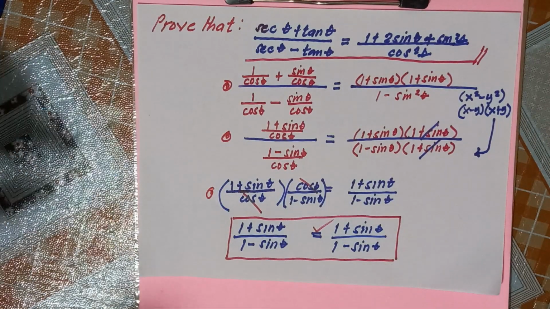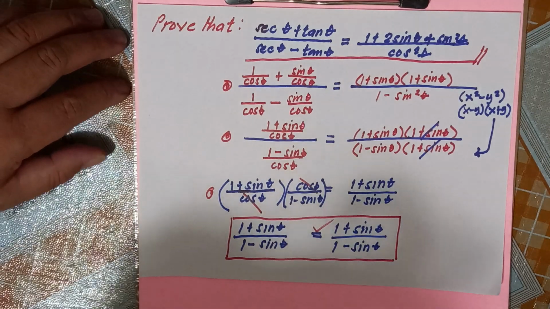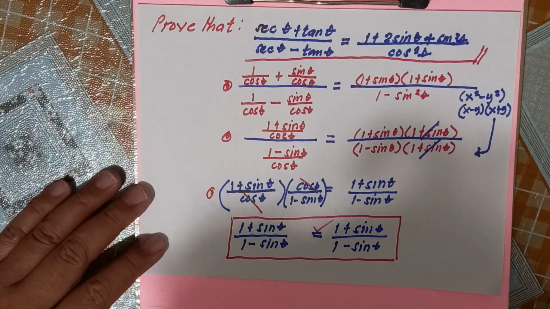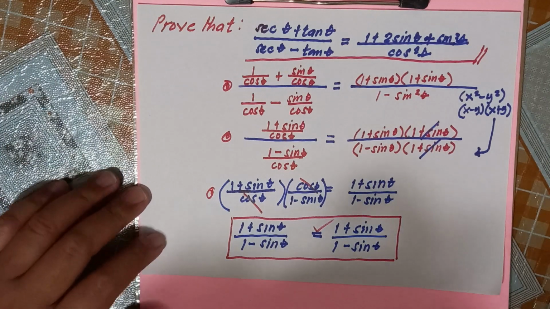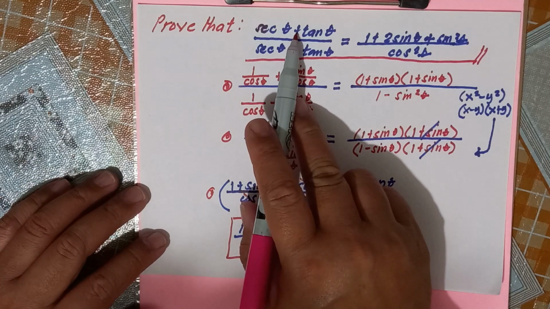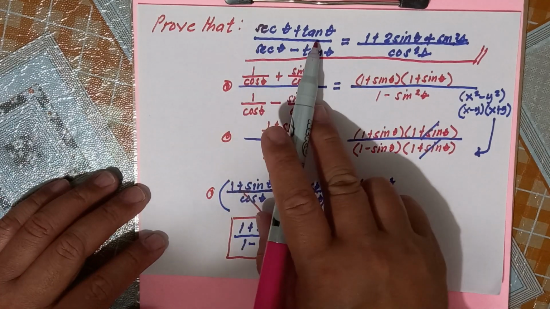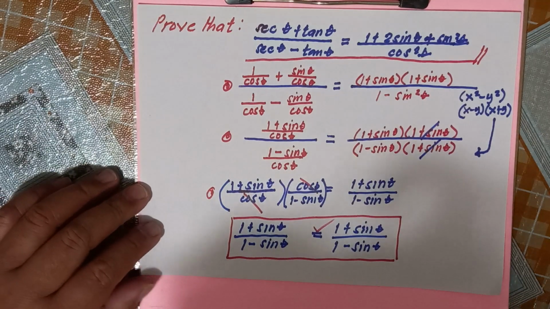Again, when we prove any trigonometric equation, we have to go over the basic identities, and then we just follow the dictate of the operation involved: addition, subtraction, division, and multiplication.